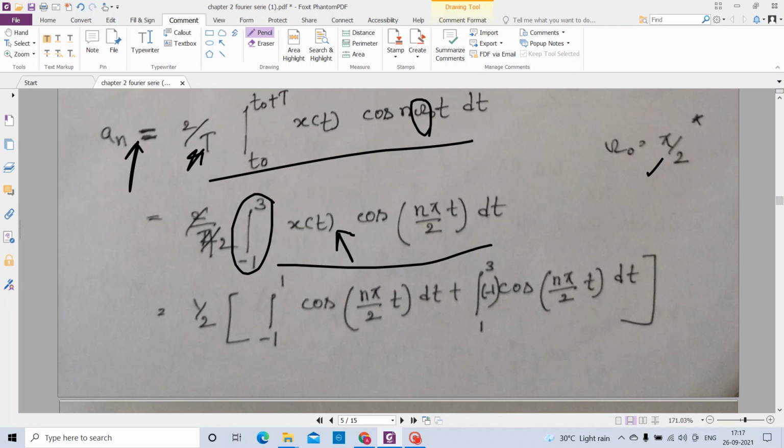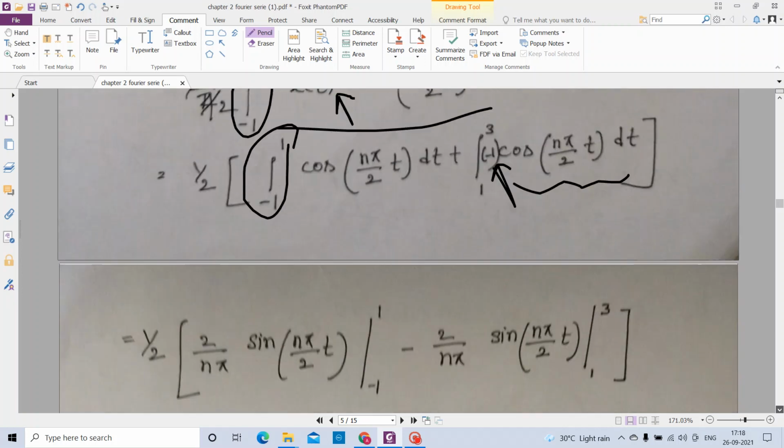Based on the magnitude, you have to change this integral. For the positive half cycle, the integral is minus 1 to 1, the magnitude is 1, then it becomes cos n pi by 2 into t dt. Similarly, for the negative half cycle, the interval lies between 1 to 3, and its magnitude is minus 1 into cos n pi by 2 into t dt.